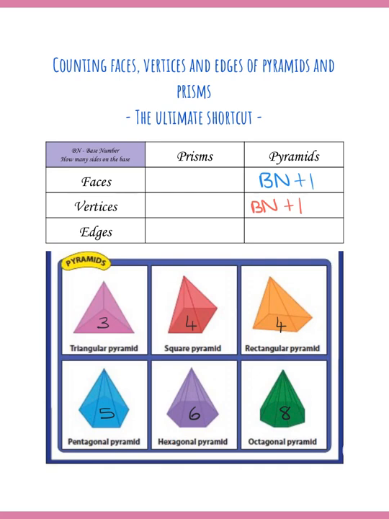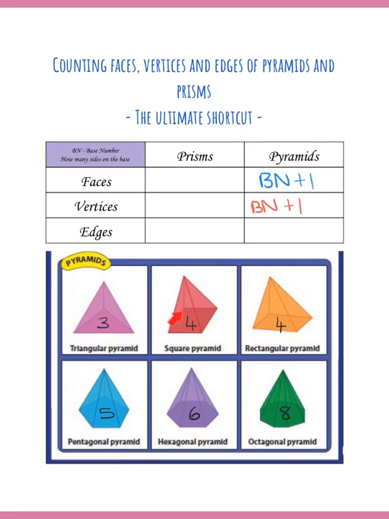Now let's look at the edges. In the triangular pyramid, I can see that the triangle at the base has 1, 2, 3 edges. But for every vertex that it has, the 3 vertices, there is 1 edge also pointing upwards to meet at this vertex. So I'll have 3 at the base and I'll have 3 edges going up.